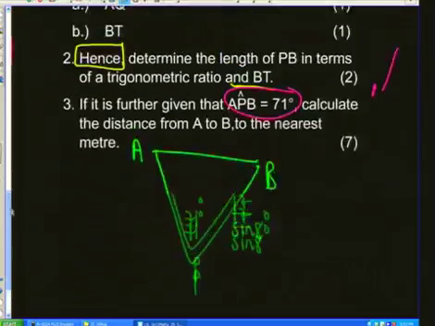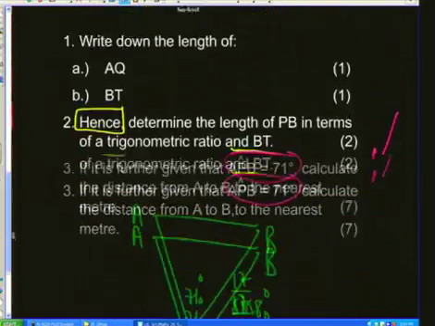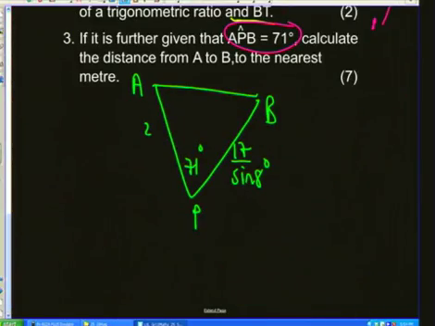And how are we going to work out this length here? Is it not the same? Opposite over hypotenuse. So it's exactly the same process that we've worked with in that triangle. Opposite is sine of 10, so we have 26 and sine 10. So this would be 26 over sine 10.